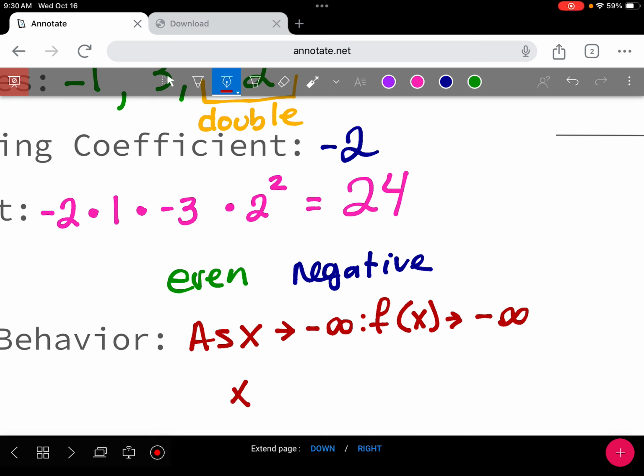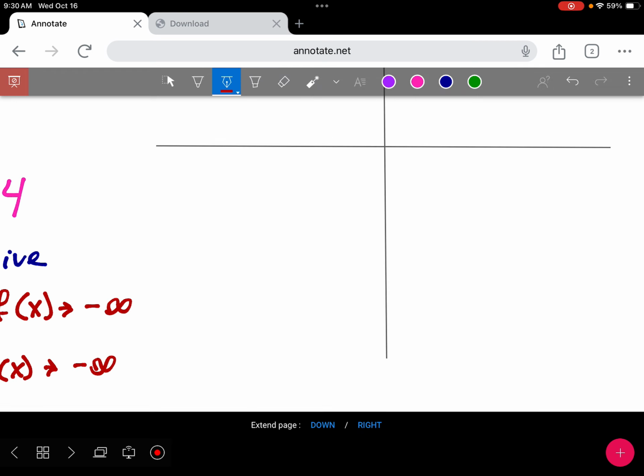As x approaches +infinity, f of x approaches -infinity. So I know no matter what happens in the middle, my left arrow points down and my right arrow points down.